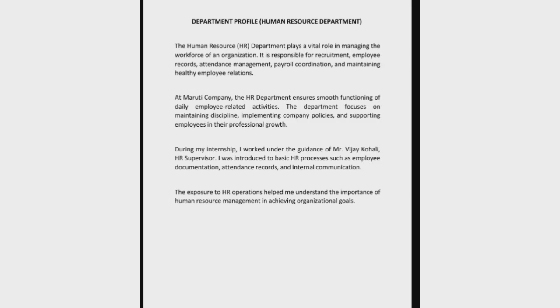Here I am writing a sample of the department profile. You can write: the human resource department plays a vital role in managing the workforce of the organization. In this, recruitment, employee records, attendance management, coordination, and maintaining healthy employee relations.